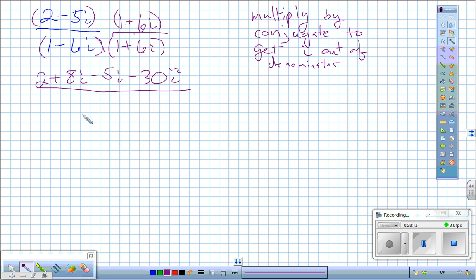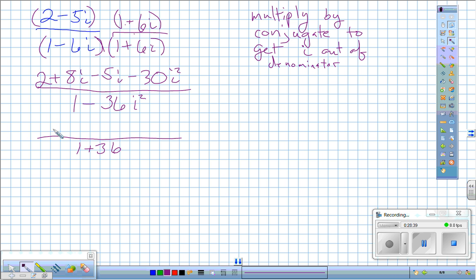On the bottom, I can just do 1 squared, which is 1, plus 6 squared, which is 36, so on the bottom I have 1 plus 36.